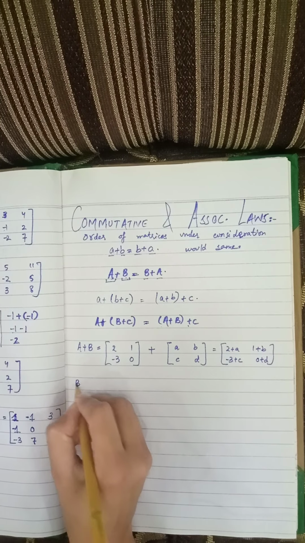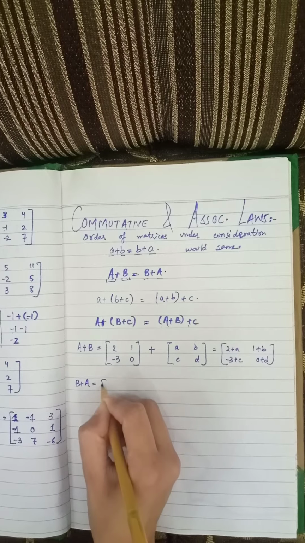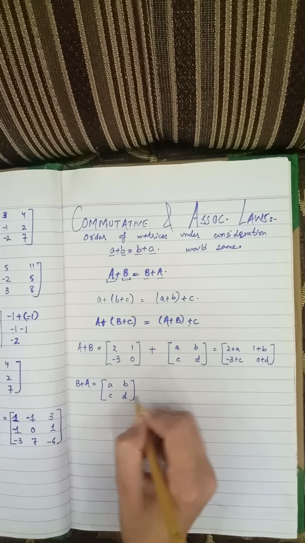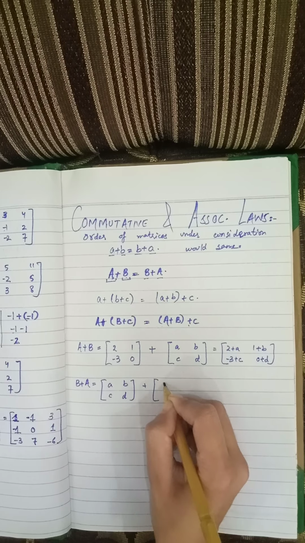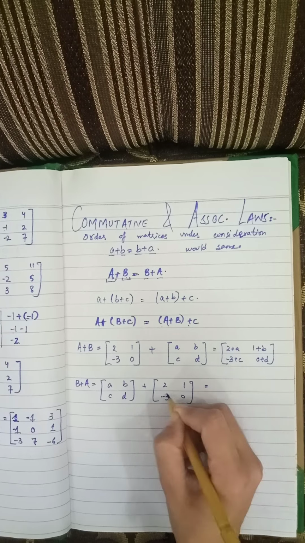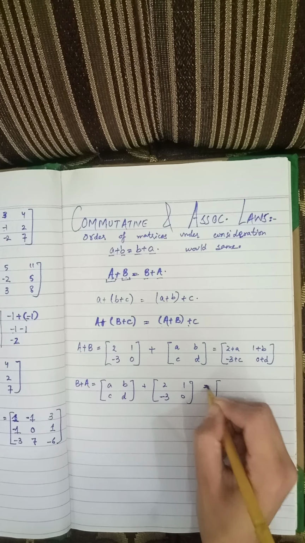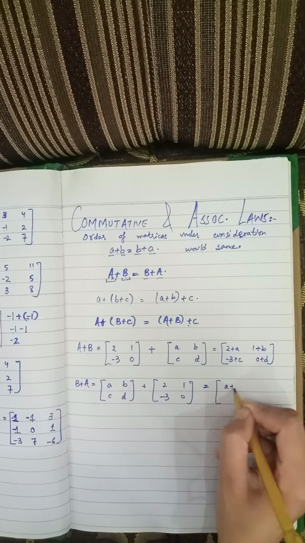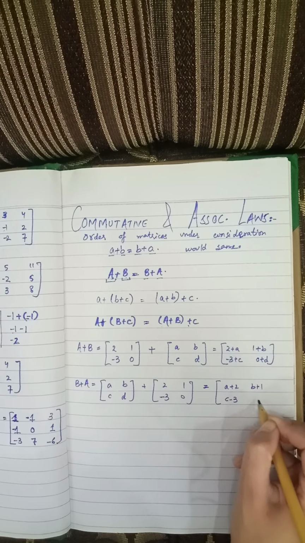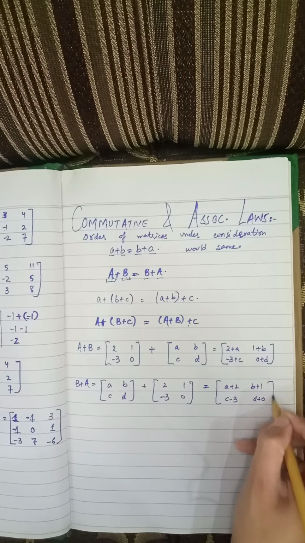And if I add B plus A, B, C, D, plus 2, 1, minus 3, 0, the answer would be A plus 2, B plus 1, C minus 3, D plus 0.